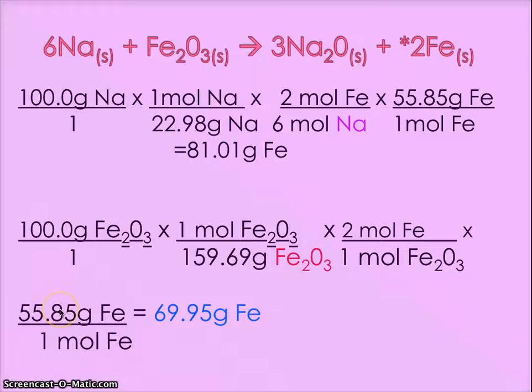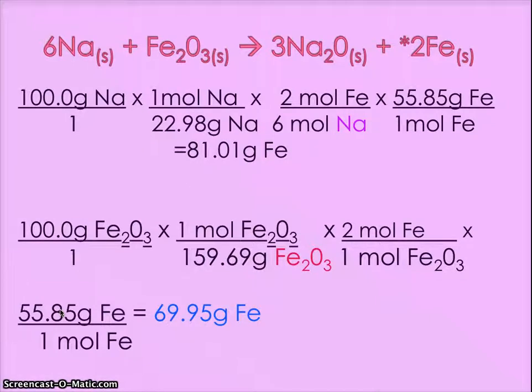Finally, we will multiply that by 55.85 grams of iron per mole, which is iron's molar mass. All of the units in this equation cross-cancel except for grams of iron, so that will be the unit of our answer. After doing all the math, we will get an answer of 81.0 grams of iron.